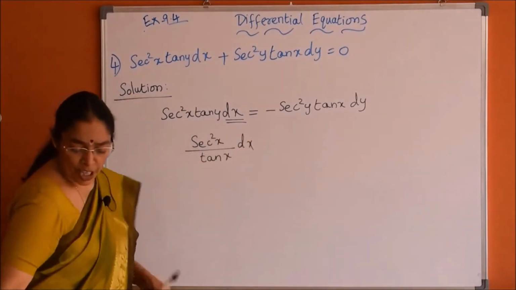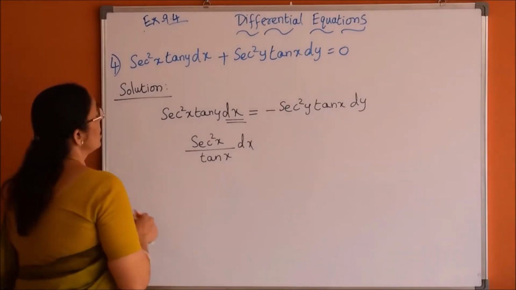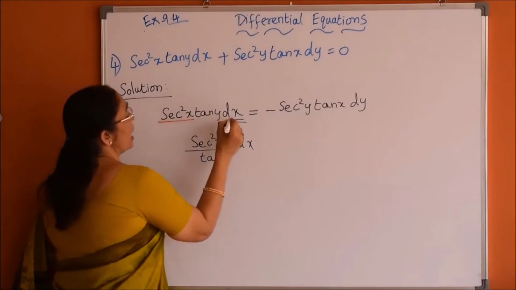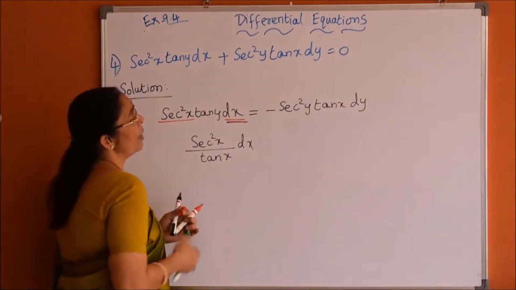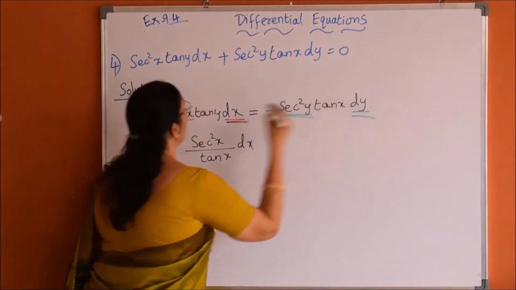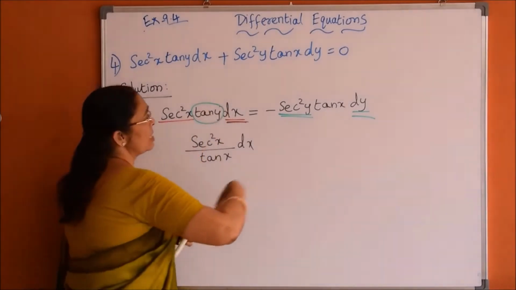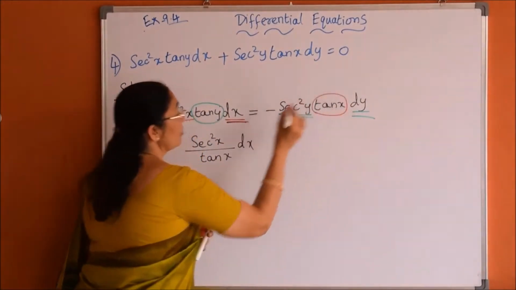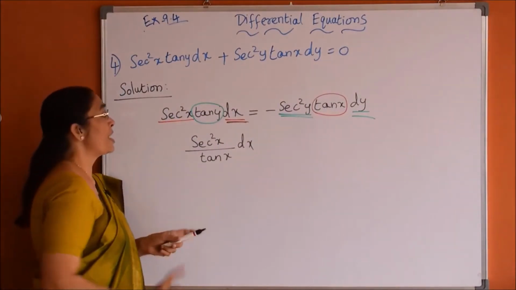See, first try to understand which are all x terms and y terms. Secant square x is x, again we have dx here. And now coming to the right hand side, we have secant square y and dy. Now this tan y is here and tan x is here. So I am just rearranging, separating the variables.